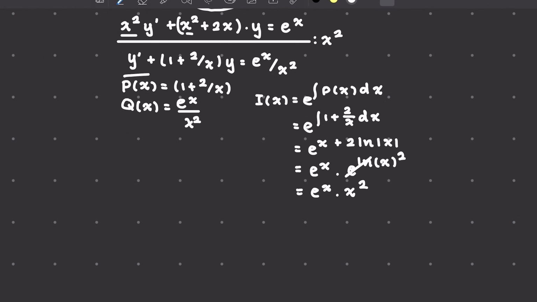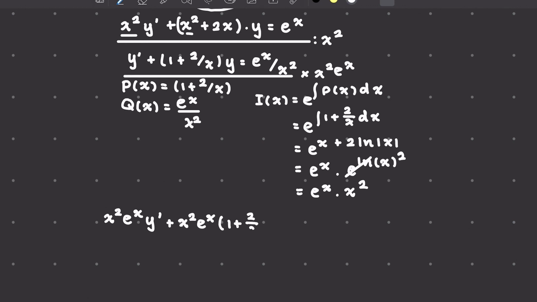Let's multiply our equation here by our integrating factor, which is x squared times e to the x. This will give us x squared e to the x y prime plus x squared e to the x times (1 plus 2 over x) y equals e to the 2x, because the x squareds cancel each other.